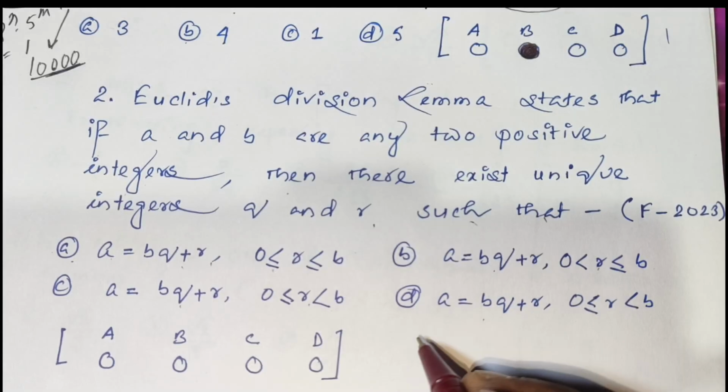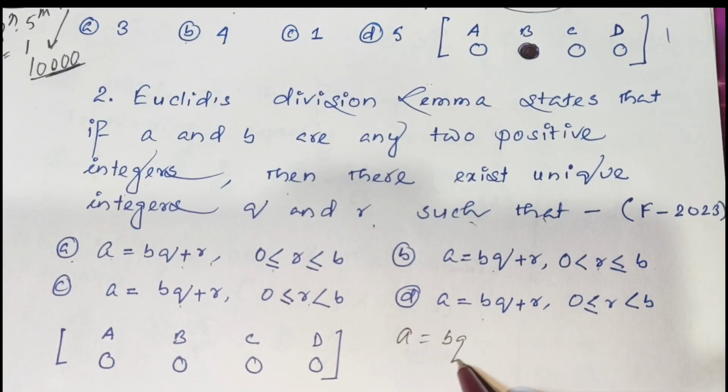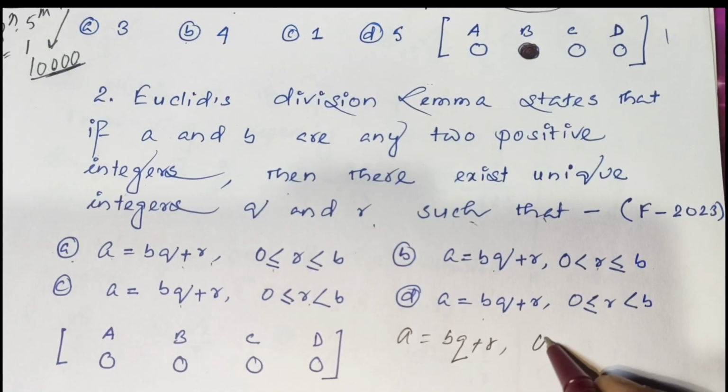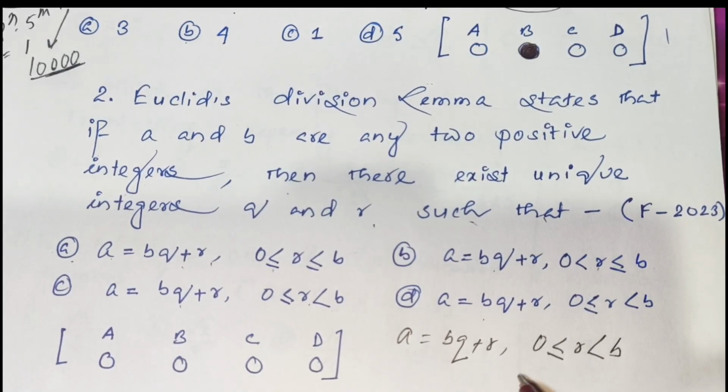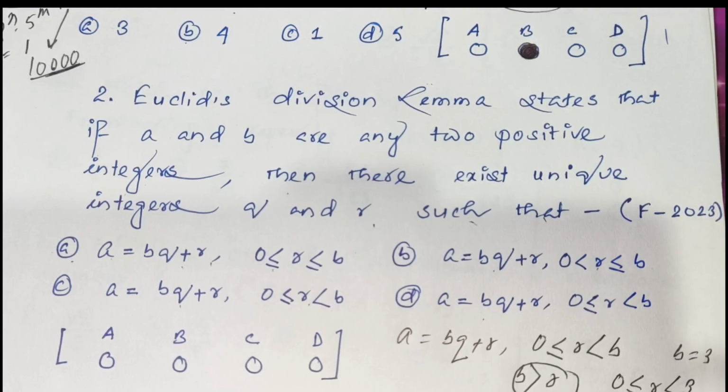You know Euclid's division lemma: a = bq + r, where 0 ≤ r < b. The value of b is always greater than r. If the value of b is 3, then it will be 0 ≤ r < 3. This will be the condition: 0 ≤ r < b.